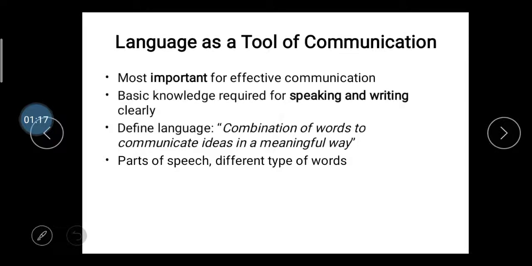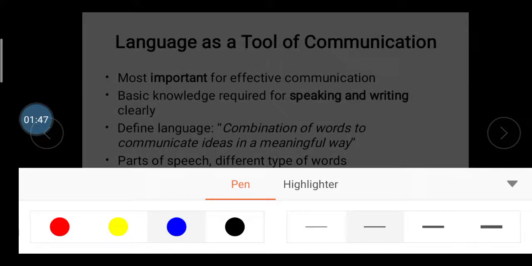For effectiveness, you require marvelous language, or we can say marvelous speech. So you can easily communicate with your colleagues, with your peers, with your subordinates, with your boss. So language is required as a tool of communication.